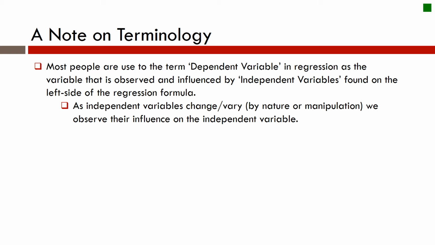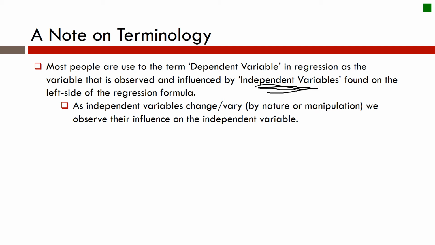And the independent variables are typically the ones that are manipulated, and the dependent variables are the ones that we observe a difference in. So think about our grouping variable as the one that we're creating or manipulating change in.